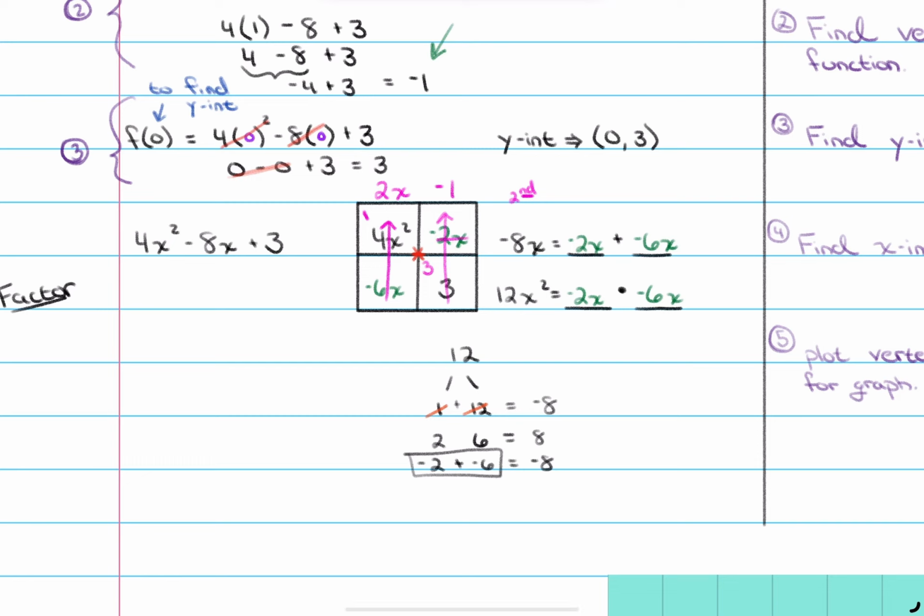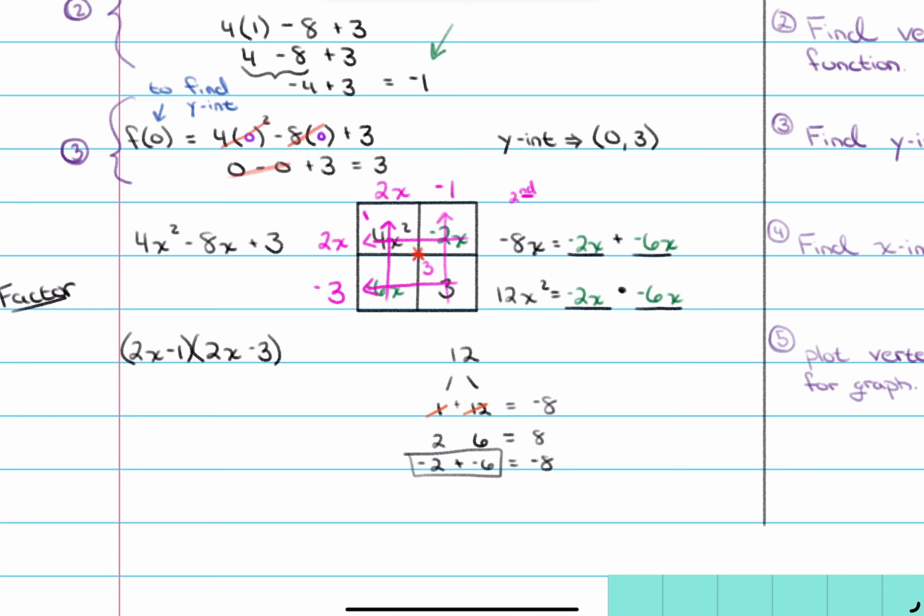When I go across horizontally, I'm going to have negative 2x and 4x. That's still just a 2x. And when you go across the other way, I'm going to end up with a negative 3. So my factors end up being 2x minus 1 and 2x minus 3.